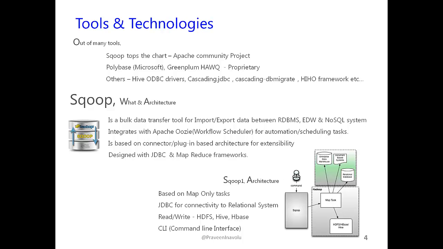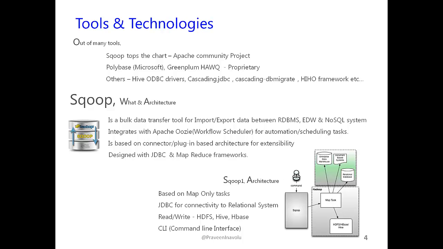Apart from that, there are other tools which would help data move from Hadoop to existing applications, such as Hive ODBC drivers, which are very popular for retrieving data from Hadoop-based systems into any relational or, for example, Excel-based environment.